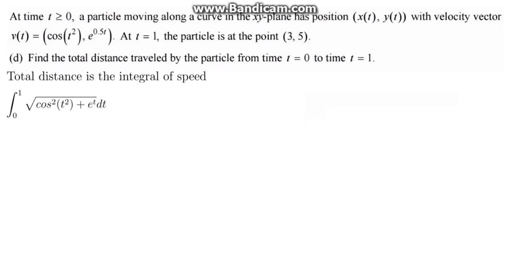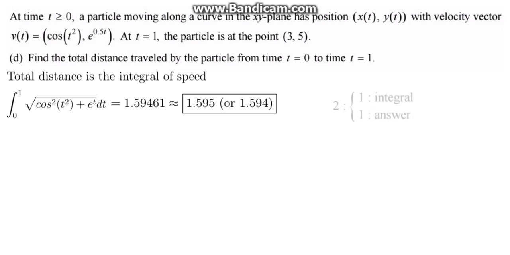So we integrate the speed from time 0 to time 1 dt, and by plugging this into a graphing calculator, we get 1.59461. Either rounding or truncating this value gives us a total distance traveled of 1.595 or 1.594.